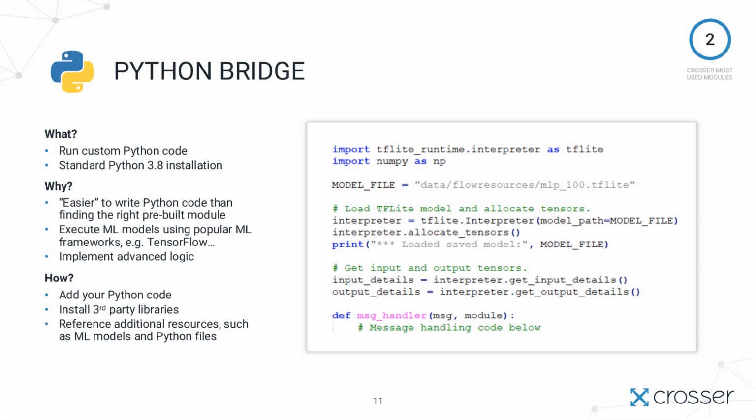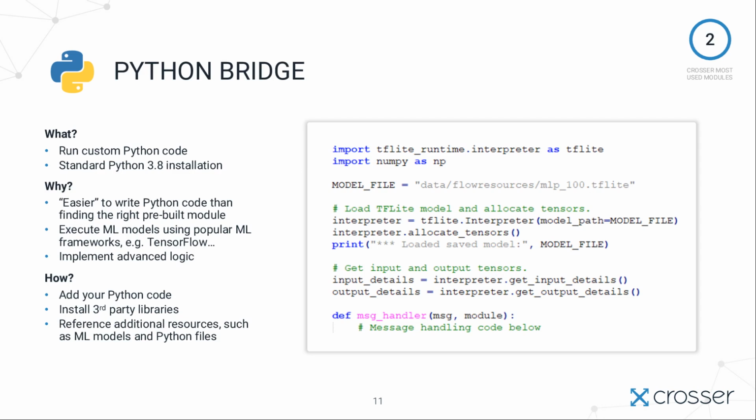So within this module, you can plug in your own Python code and run that as part of a flow. And then you can ask how come a code module is the second most popular module in a low-code tool like Crosser?